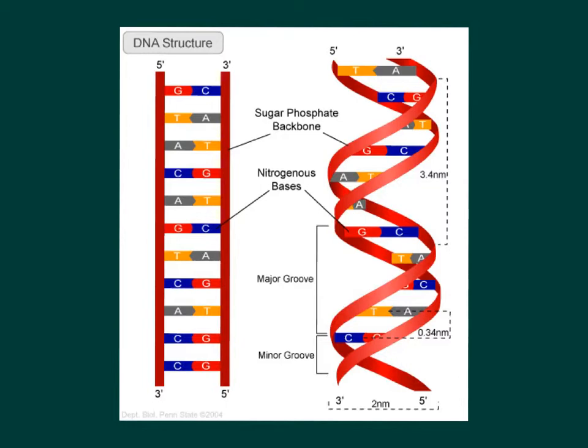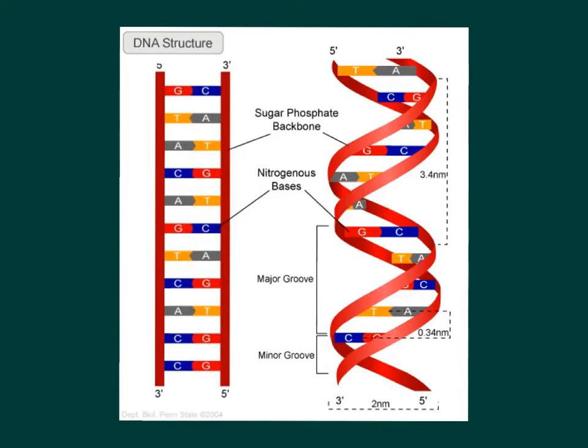This is what it would look like if I were to take our twisted DNA ladder and straighten it out. This here is what we would call the sugar phosphate backbone, and that is the sugar phosphate backbone next to it.